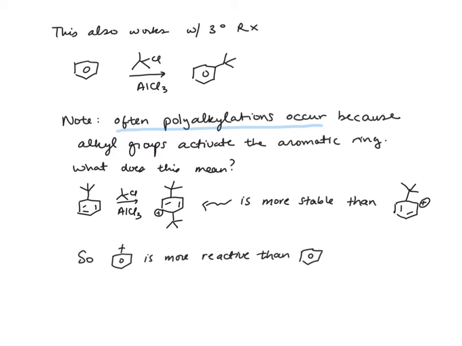This cation is more stable than this original one where benzene had reacted with one carbocation of the tert-butyl group. So because this is more reactive than benzene, then we're going to get polyalkylation. So this is always in competition. These reactions always give a mixture of products.